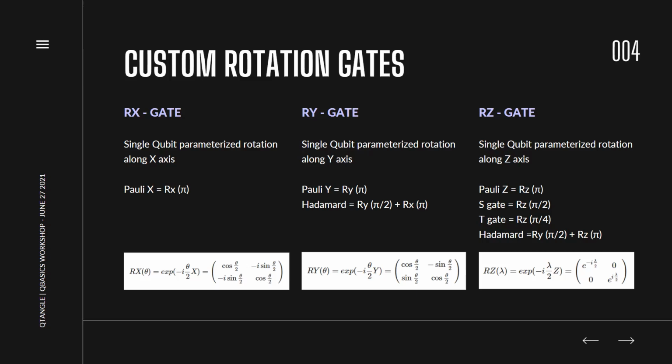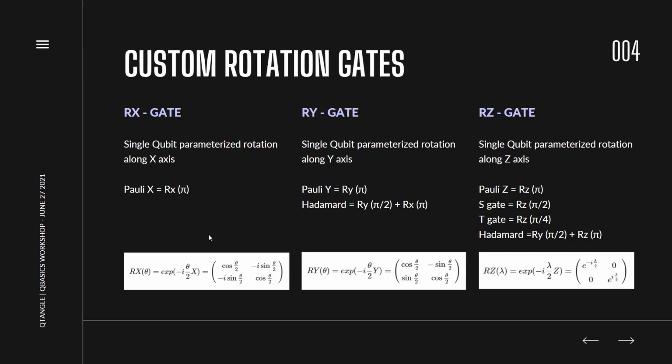For example, the Hadamard gate, which we noticed there, the gate which basically implements superposition, can be simulated using Ry and Rx gates. We apply an Ry rotation by pi by 2, so it stops halfway, and then we apply an X gate rotation by pi. That's how we get the Hadamard gate, right?